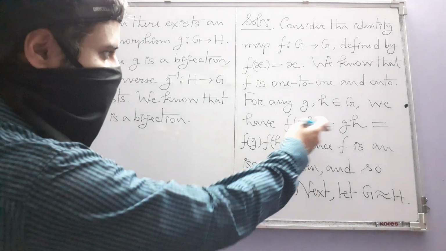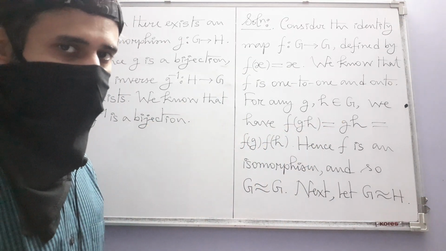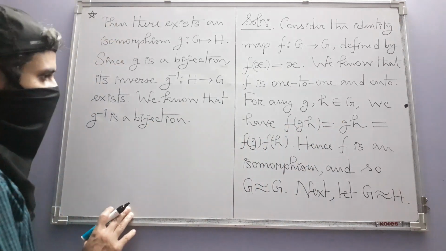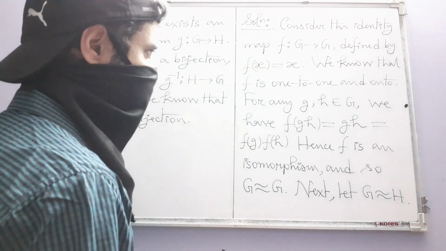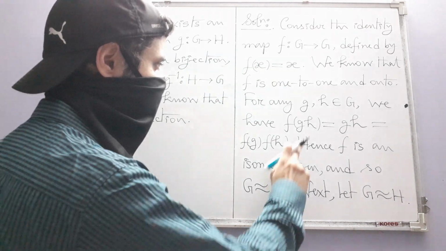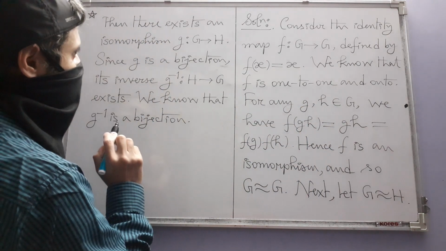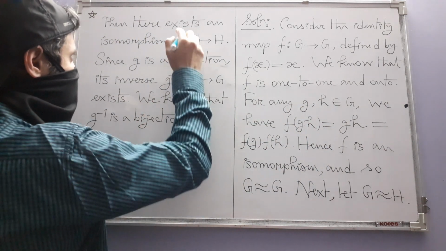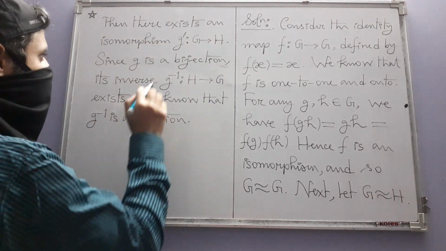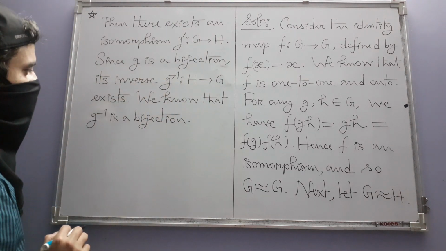Then we have to verify this property also for the map g inverse. Let me just use another symbol because we already have taken g here. So let me call it g prime. Then g prime inverse.